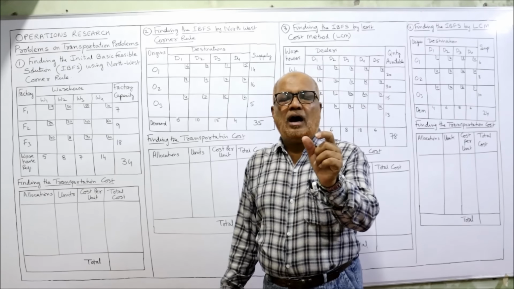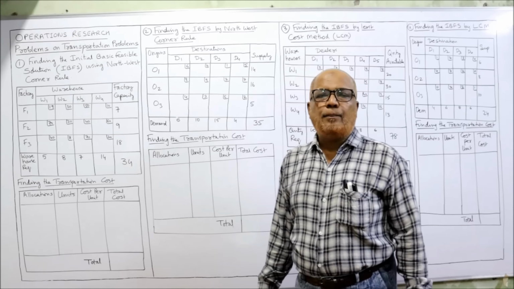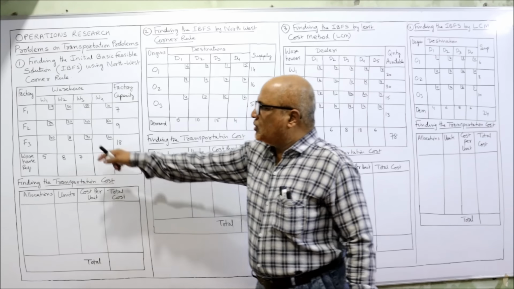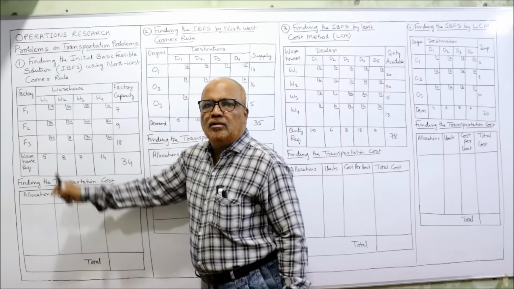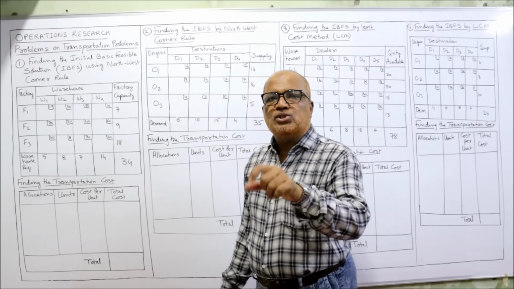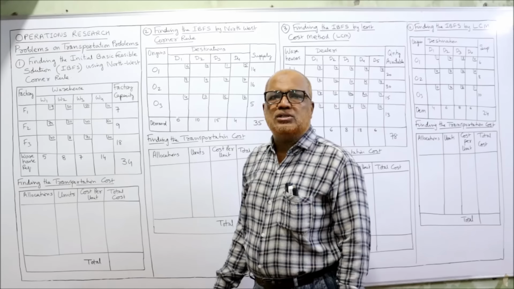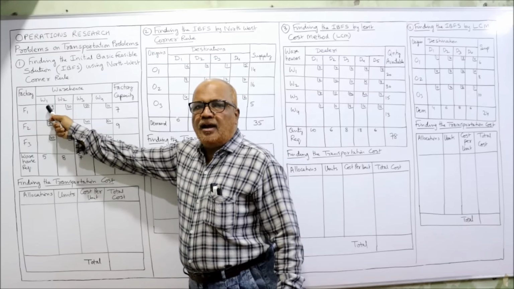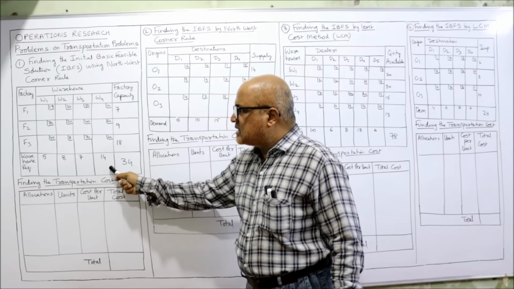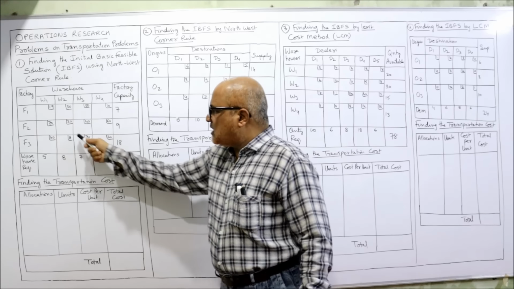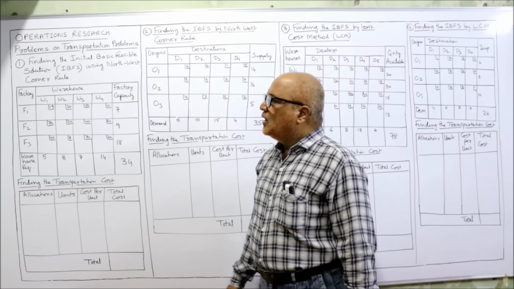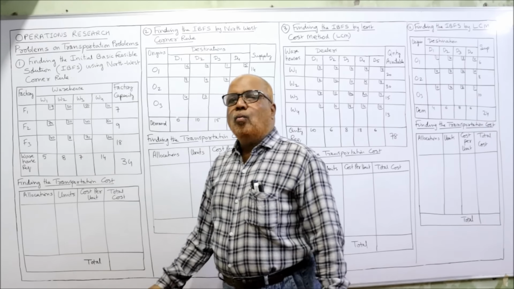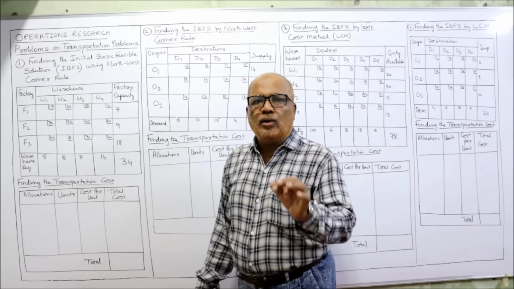Northwest means the upper left corner. So this is the upper left corner, right? From there, we have to start the allocations. We start the allocations from the first cell, move to the right up to the last cell, and then come down, like this. In the first cell, what is the maximum allocation I can make?